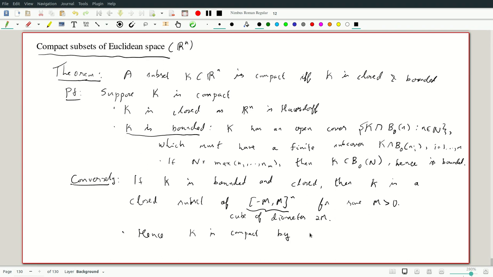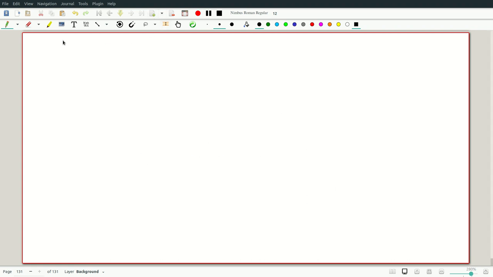by a certain lemma, the following lemma. And what is the following lemma? Well, we'll show these cubes are compact. And so a closed subset of a compact set is compact, and hence we are done. Okay, so this is the lemma.